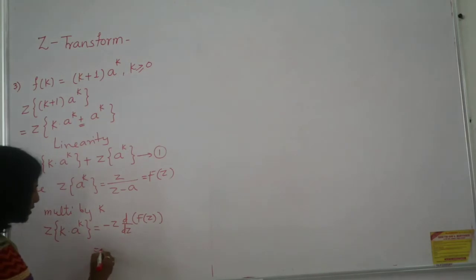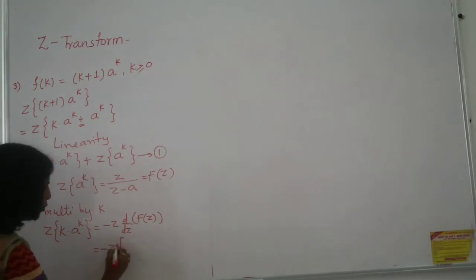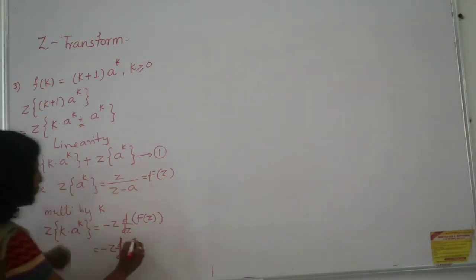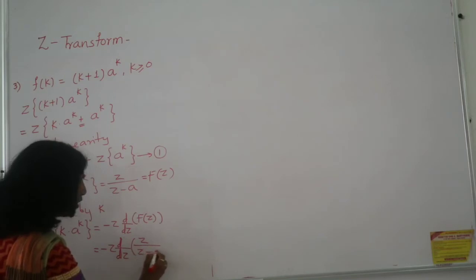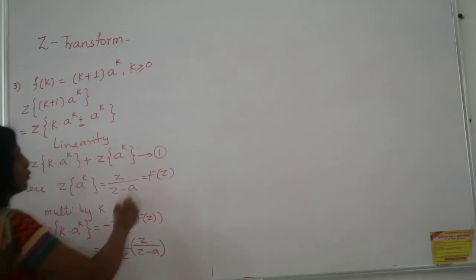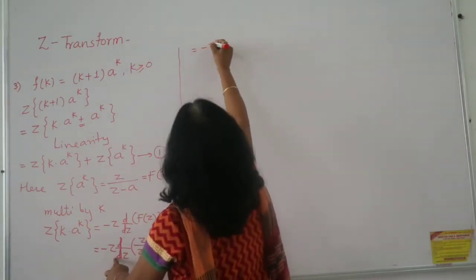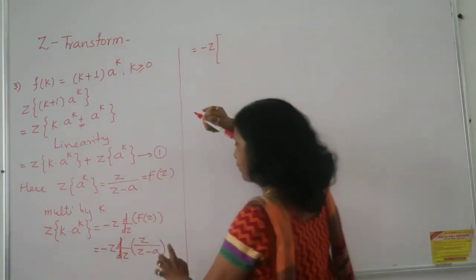So what I have to do is minus z into d by dz of the function F of z. F of z was z upon z minus a. Just a little while ago, I told you how to find the derivative of this. So this is equal to minus z. Now let us calculate the derivative directly.